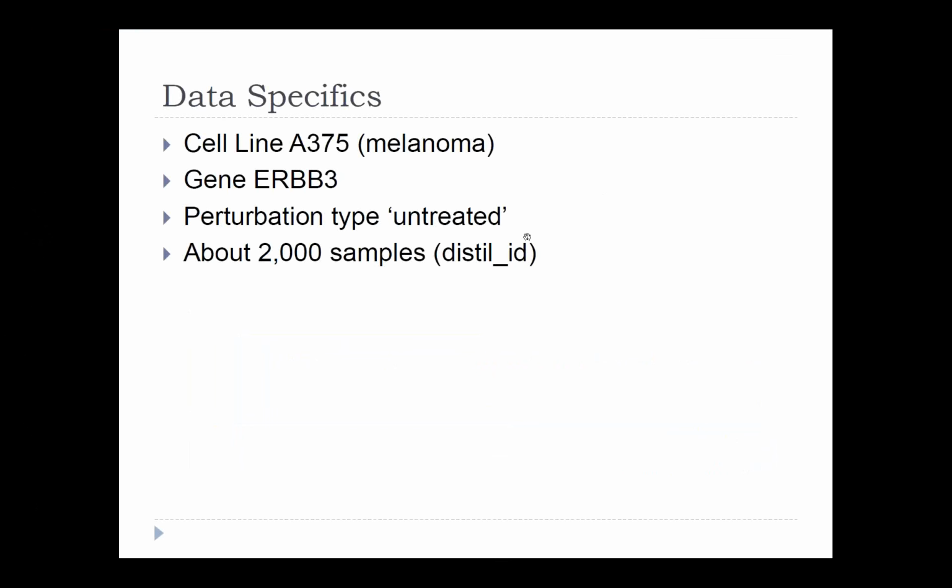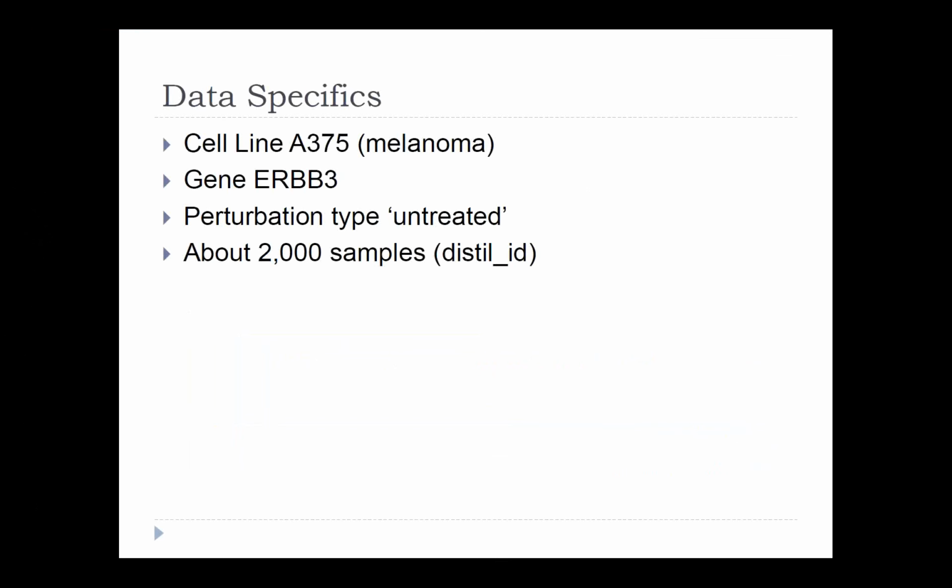I was looking at the knockdown data in particular to see, is the knockdown data any good? Can we use it? There was a lot for this combination, so I wanted to look at a baseline. So I went through and pulled all of the distills that were listed as an untreated perturbation type.